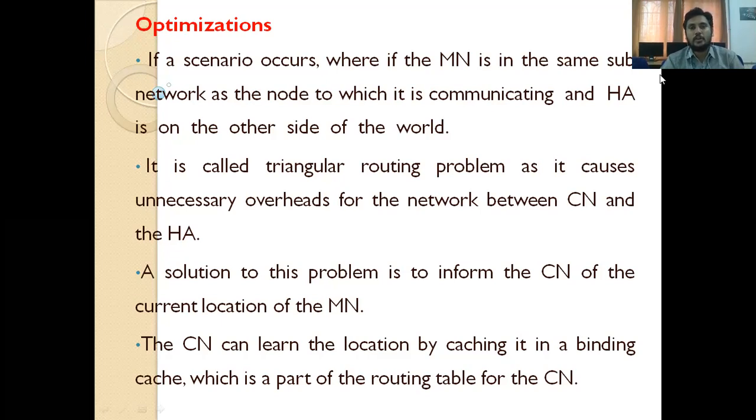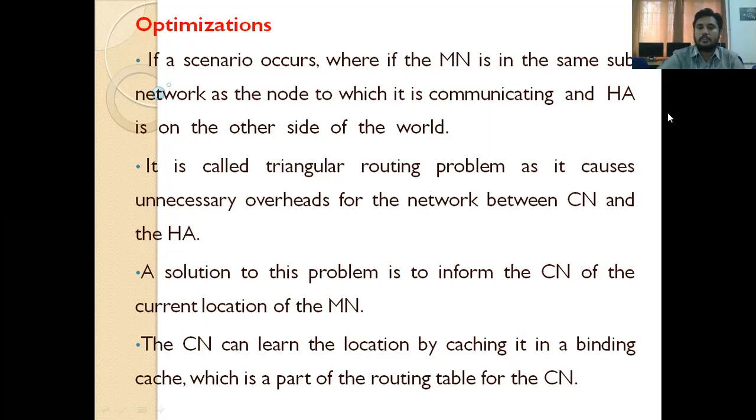If a scenario occurs where the mobile node is in the same subnetwork as the node with which it is communicating and the home agent is on the other side of the world, it is called the triangular routing problem, as it causes unnecessary overheads for the network between correspondent node and the home agent. So a solution to this problem is to inform the correspondent node of the current location of the mobile node.